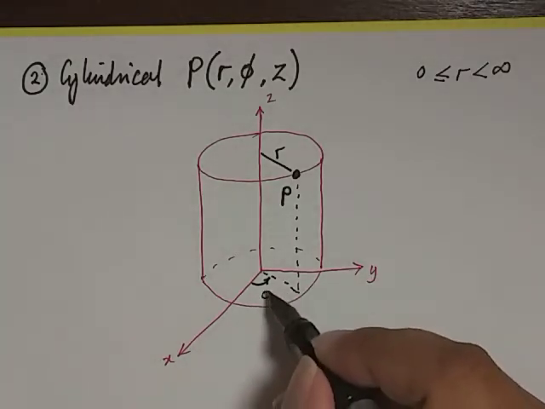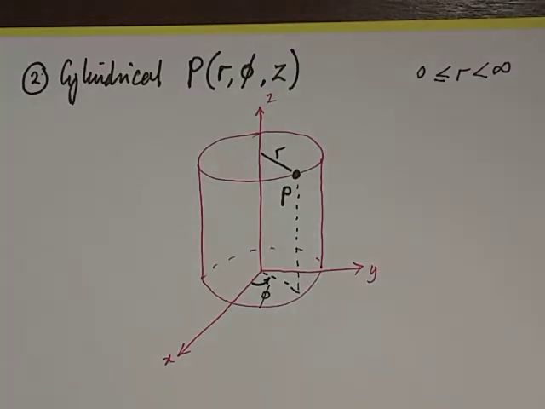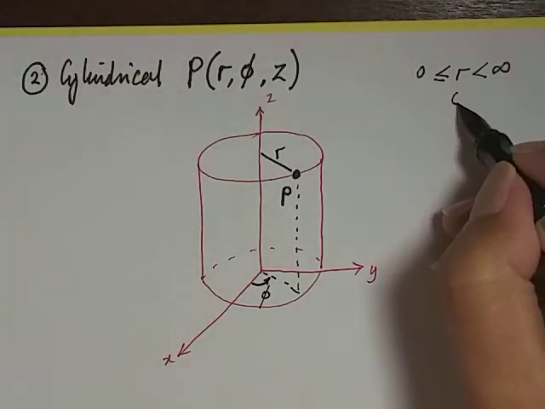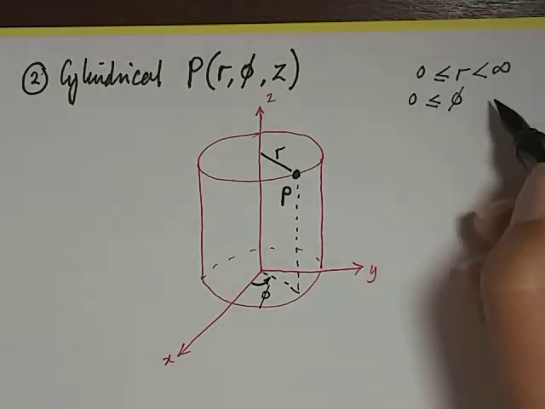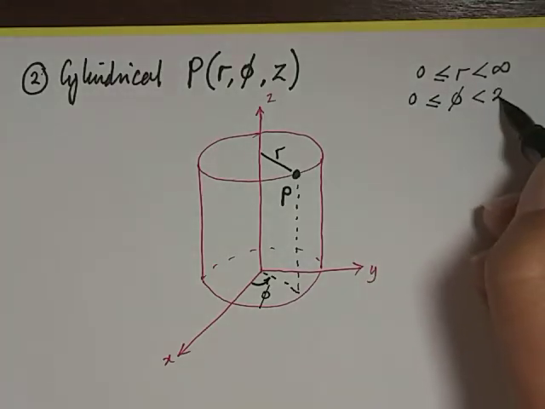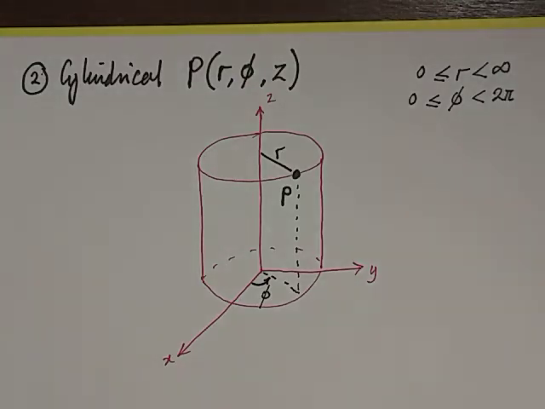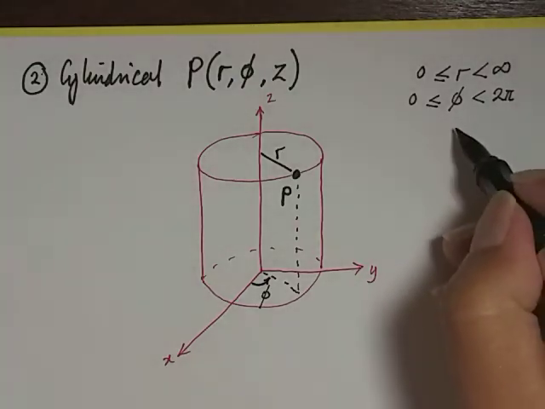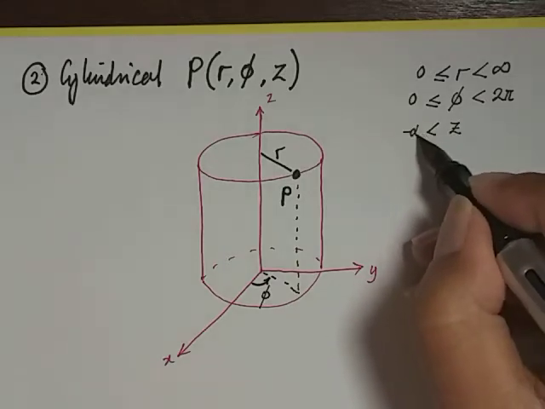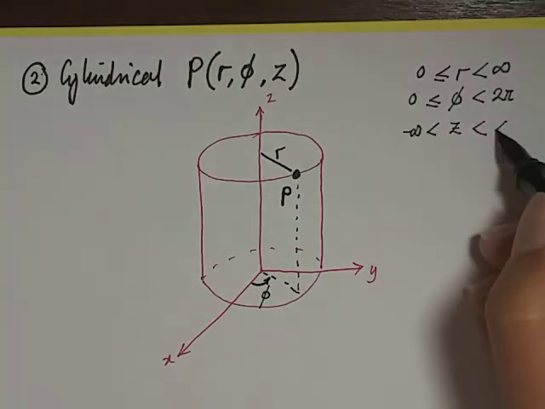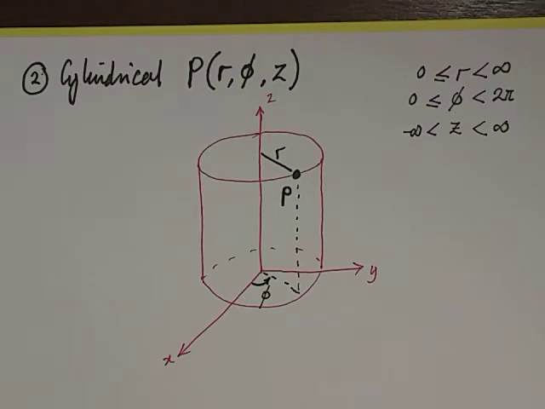That should be our phi. So the range of phi is from 0 up to 2 pi. And z is similar to Cartesian, from minus infinity up to infinity. So that's how we define the limit or range where r, phi, and z can be defined. Okay, that's for the first case.